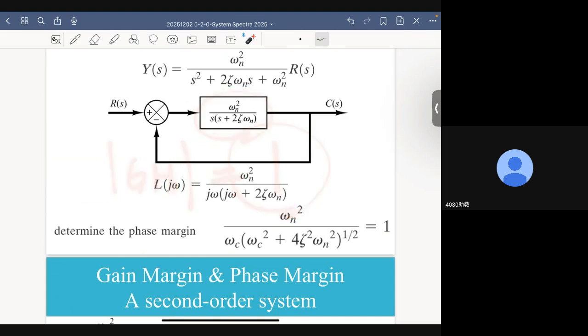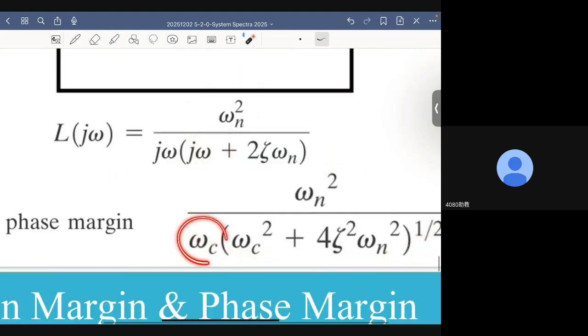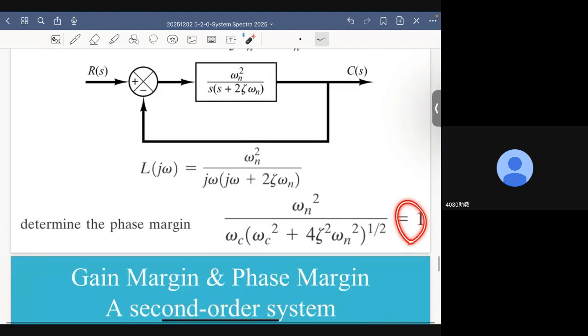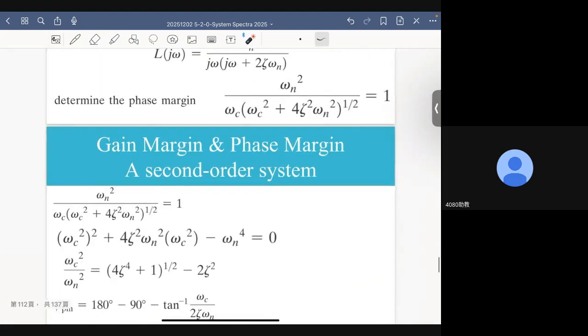So let's take the magnitude of this loop transfer function, and it will look like this. And this has to be 1 if omega is indeed the gain crossover frequency. If this ratio is 1, then the numerator has to be the same as the denominator. So if that is the case, then we will have this equality.